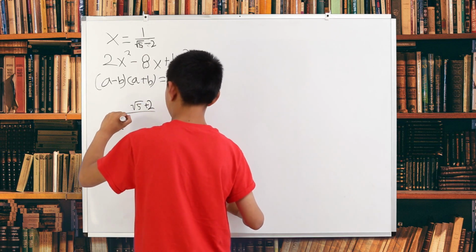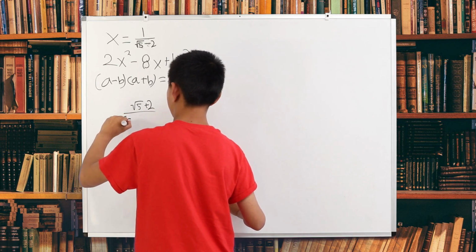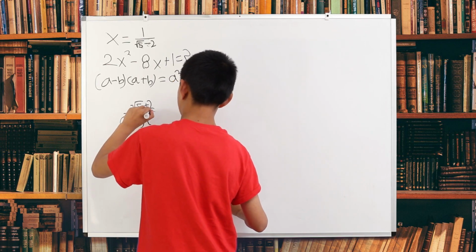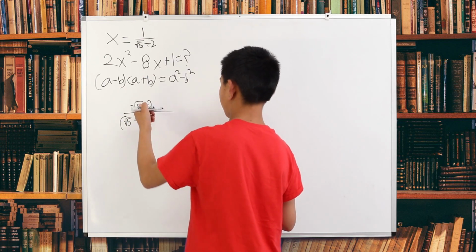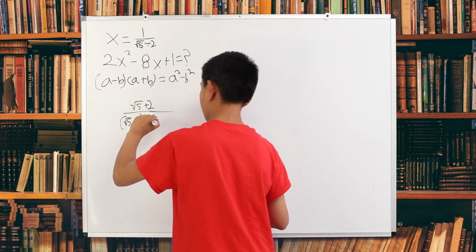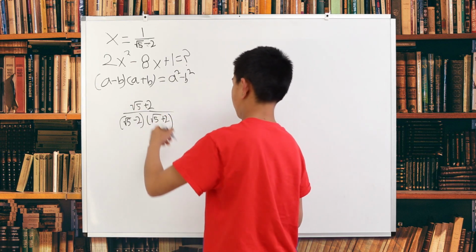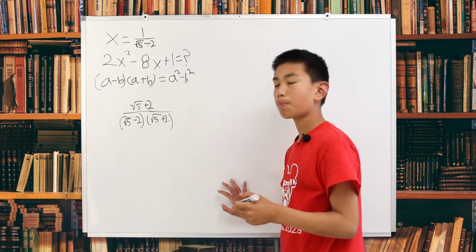And the bottom is going to be different: we have our original bottom, and then we multiply it by this. See, these cancel out and it's 1, so it's the same.